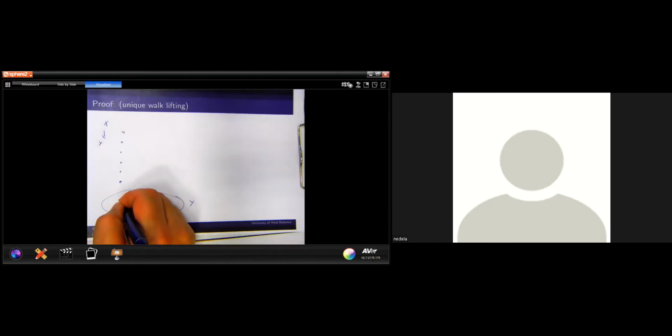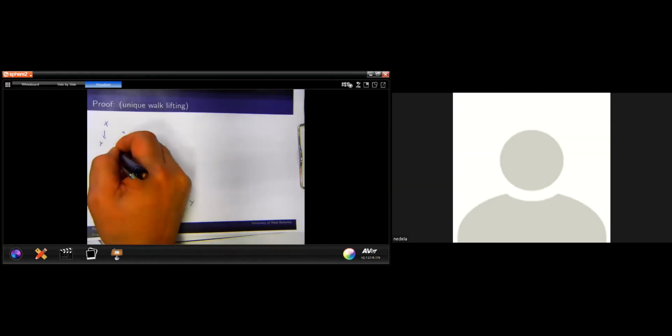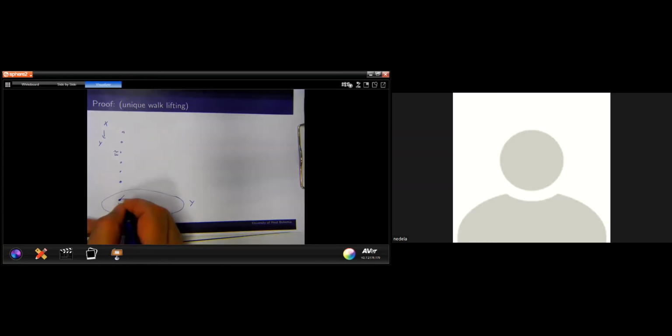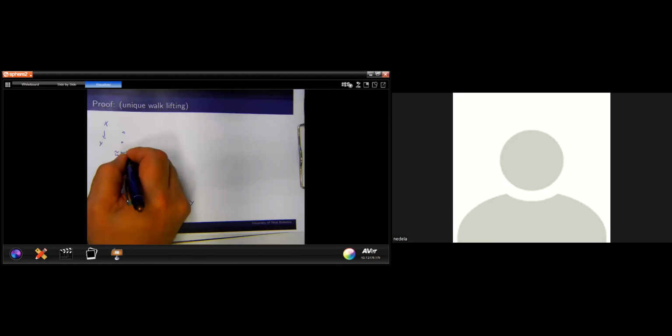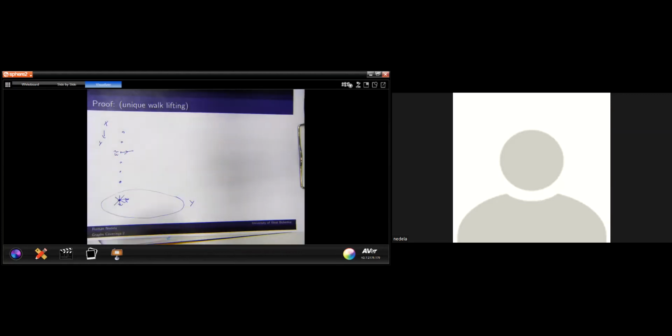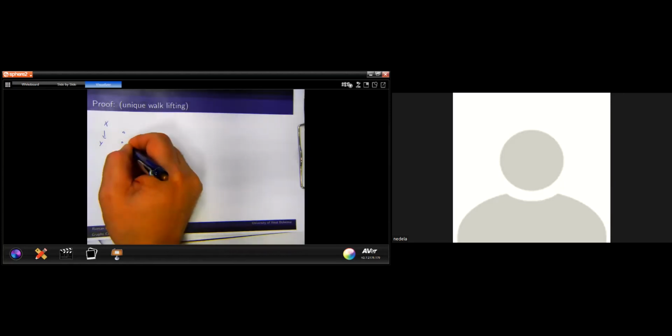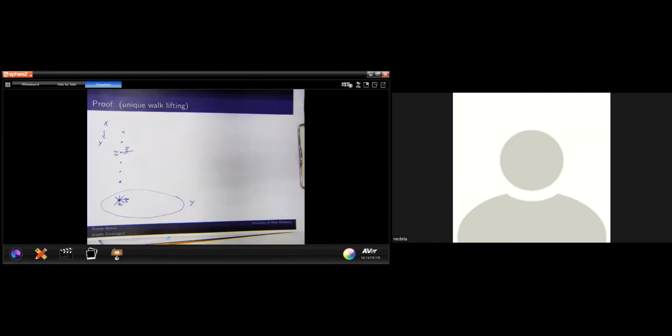So here is u, and here is u tilde. Because we have a covering, if the walk is just one dot, and the covering is locally bijective, there is exactly one vertex here. So for such a simple walk, it works.